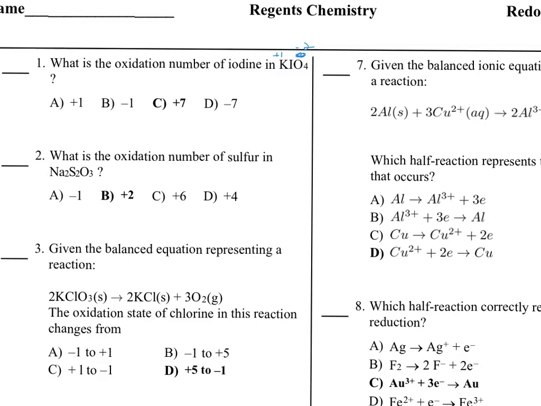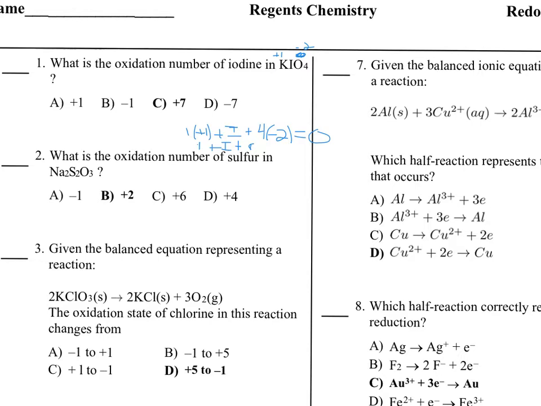So I'm going to say, okay, I got 1 plus 1, so 1 potassium, plus my iodine that I don't know, plus my 4 oxygen, so 4 minus 2's, and I know the whole thing is equal to 0. So if I take a look at what this is, I've got 1 plus my iodine plus 8, so that's 9 on that side.